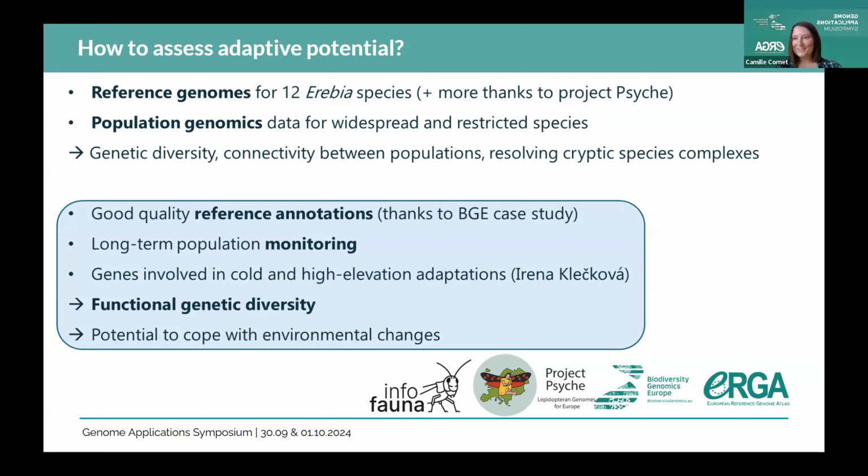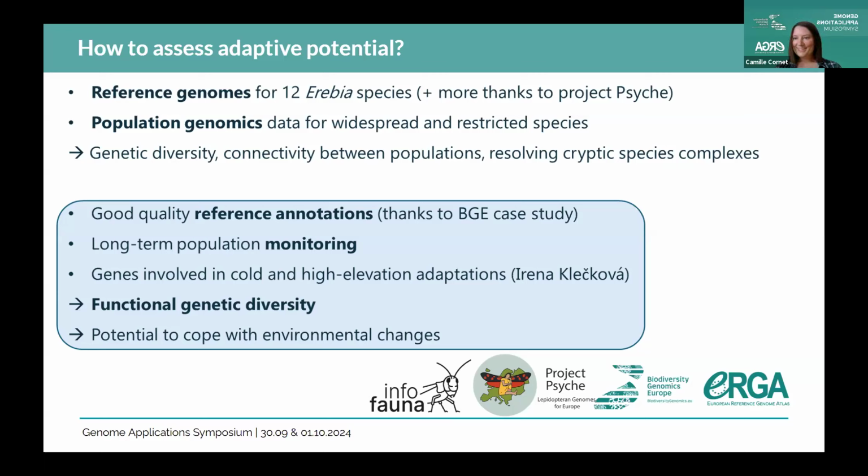Also, to understand adaptive potential to climate change, it's important to know which genes are involved in cold and high elevation adaptations in Arabia. That's a project that our friend and colleague Irena, who I think is here in the audience today, is really interested in. Hopefully we can join forces and look at this together.